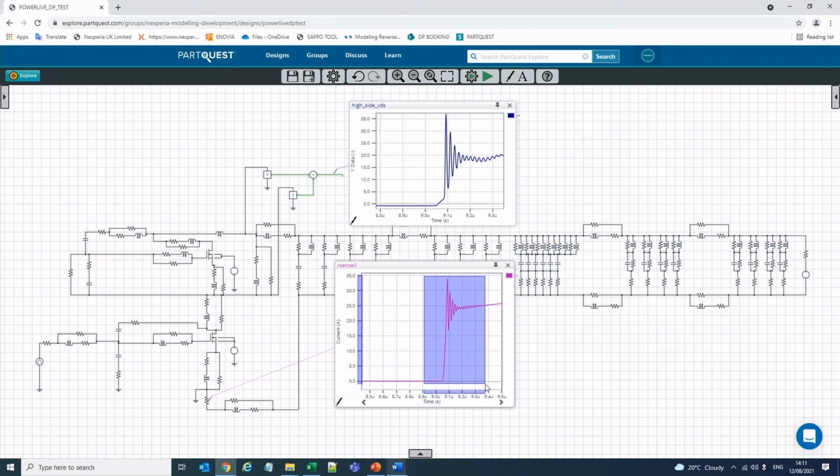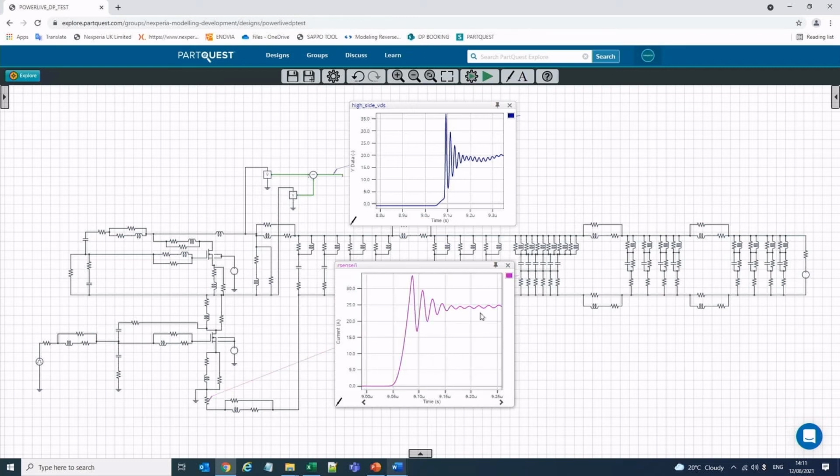Again, we are looking mainly at the frequency of the oscillation, the damping of the oscillation, and the QRR area. Again, we have a very good match between the measurement and the simulated data. We will now look more closely at numbers and parameters to evaluate what is the error between measurement and simulation.